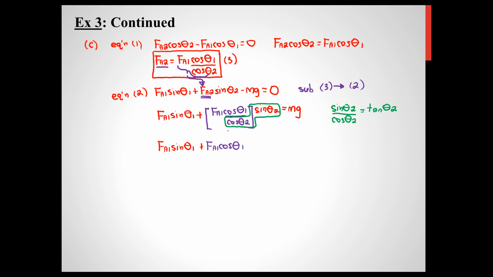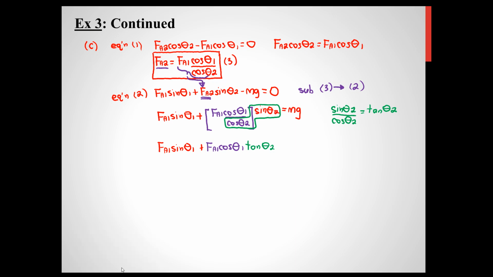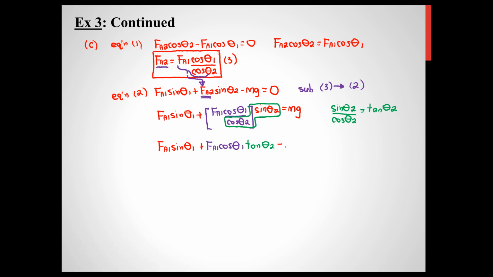We're going to replace the sine theta 2 over cos theta 2 with tan theta 2. And then that is equal to m times g. So we now have one equation and we have one unknown. So that's FA1. Now I can't solve for FA1 yet because it's in two terms.